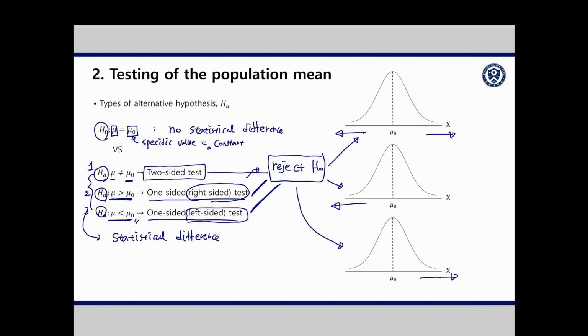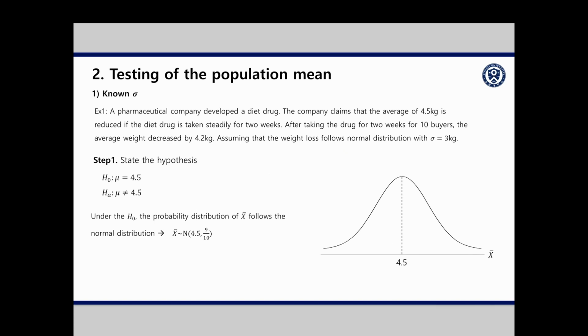Let's look at example 1. Example 1 represents the scenario where the population variance is known. A pharmaceutical company developed a diet drug. The company claimed that an average of 4.5 kilograms is reduced if the diet drug is taken for 2 weeks.